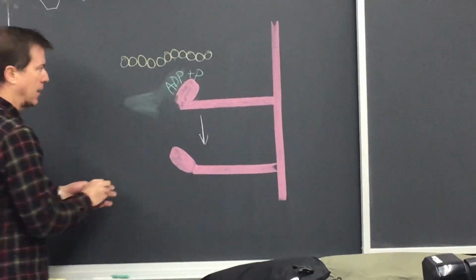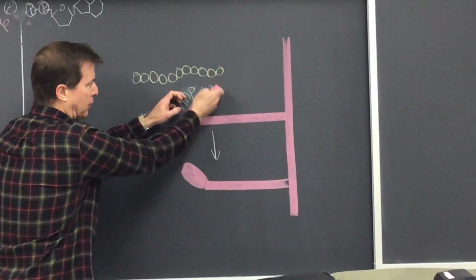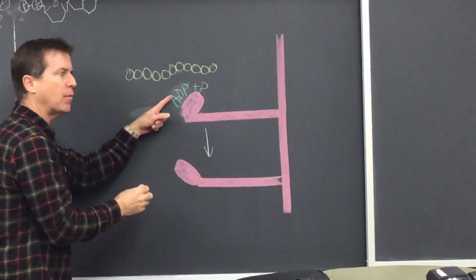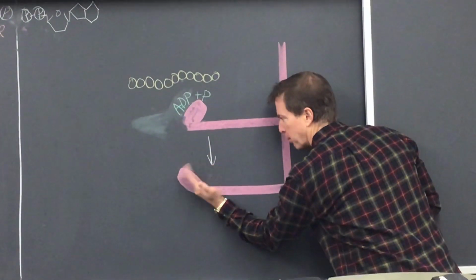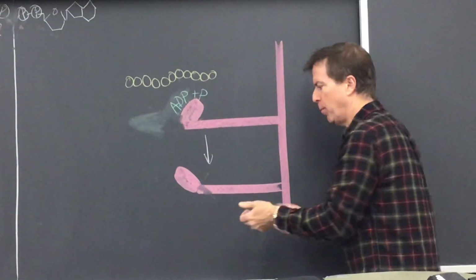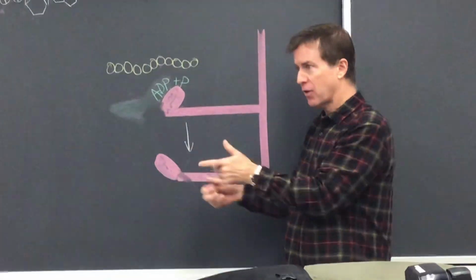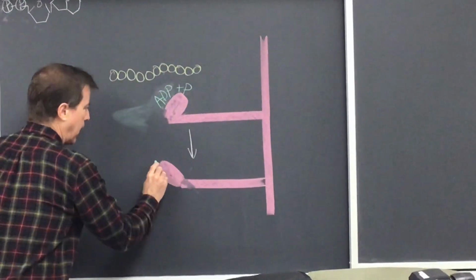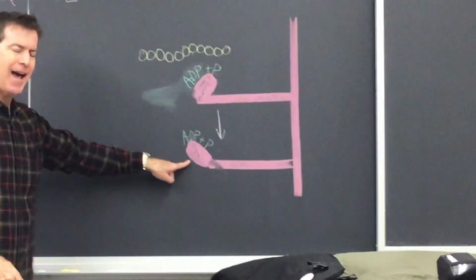Just to reiterate, ATP attaches, we break the terminal phosphate off of ATP so that it becomes ADP and P. When we do that, the myosin head does this. It's like pulling that thing on the end of a gun, like cocking a gun so that it can fire. That's what we've done. I have to draw ADP plus P because they're still attached.